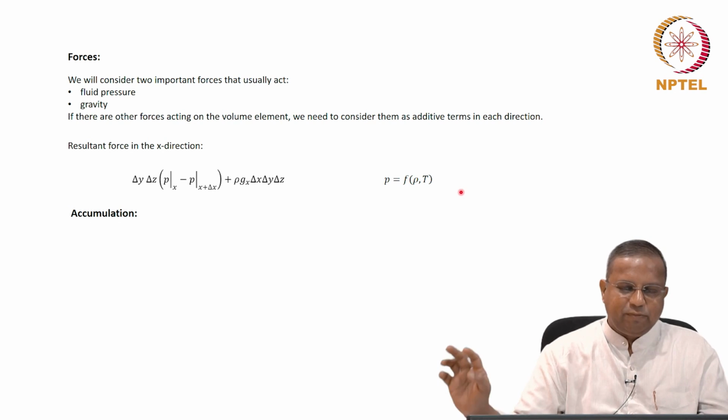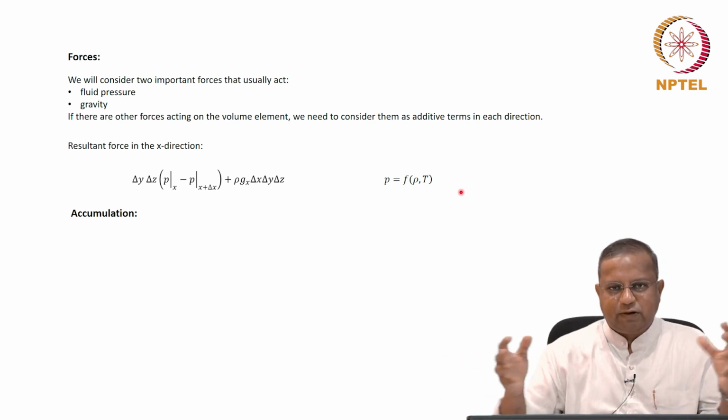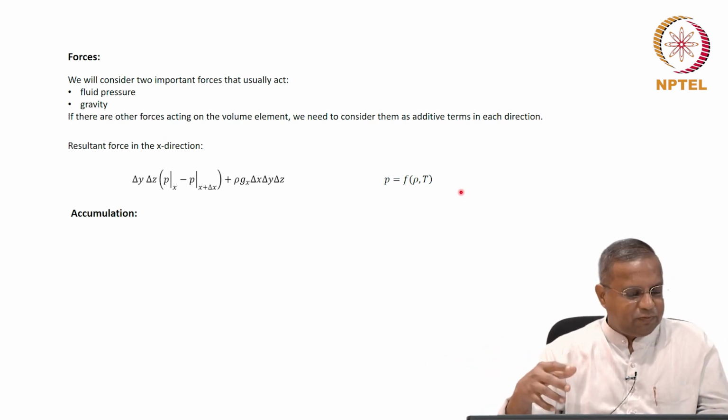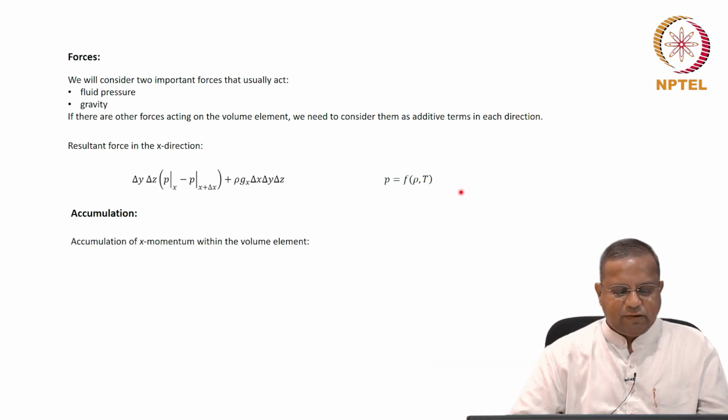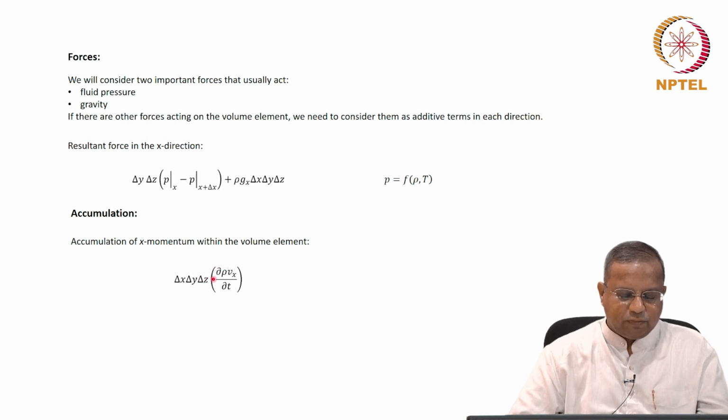Accumulation, let's still keep the accumulation. Let's not put it to 0 as yet because we are trying to derive a general enough equation. Therefore, the accumulation on the right hand side of that equation in the x direction within the volume element is the density times velocity times the volume, with the derivative taken with respect to time.